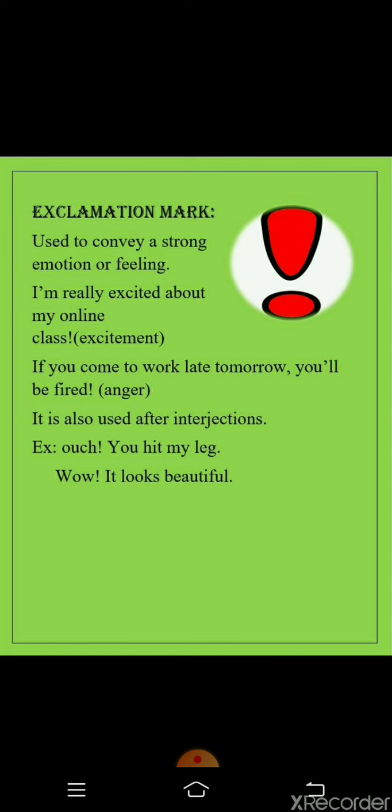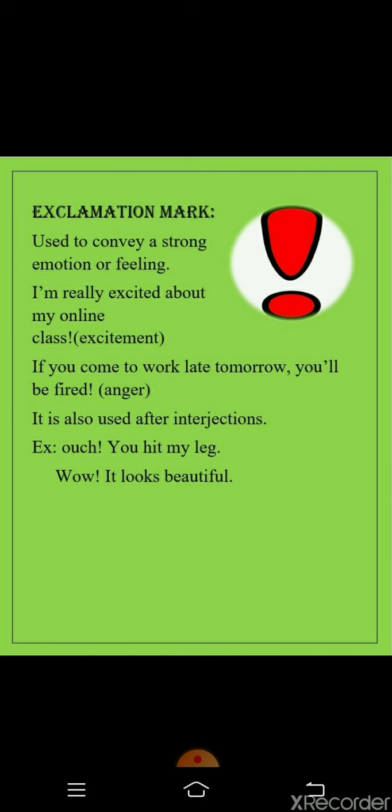When we read it without an exclamation mark, we read it flatly, but with an exclamation mark, we read it with excitement. You can use this mark to express any emotion: anger, excitement, amazement, sadness or sorrow. When you deliver it, you use an exclamation mark.